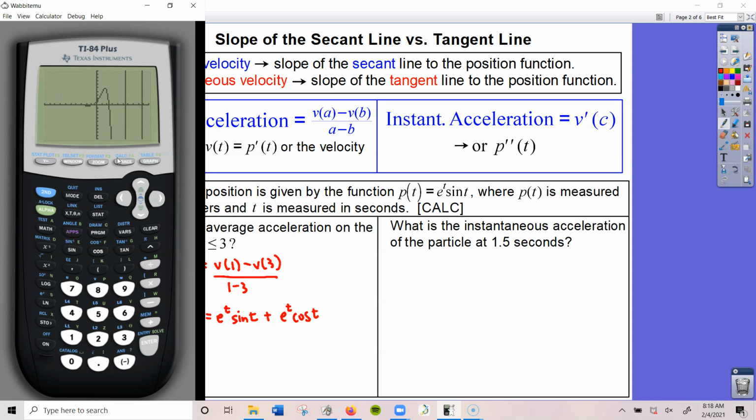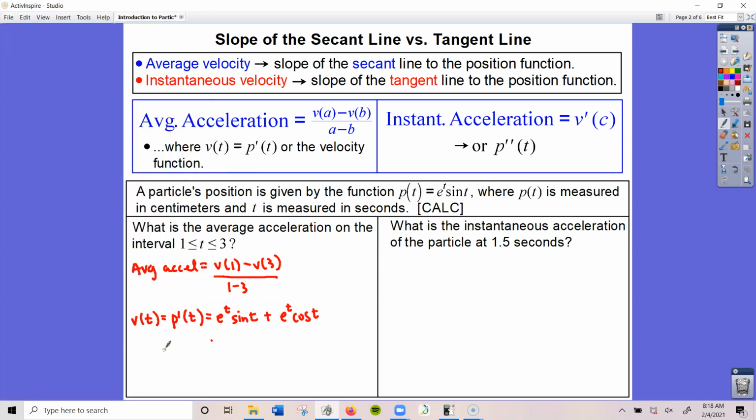Remember that this is now my velocity function, so I need to find v of 1. So we go to second calc, value for 1, and we get 3.756. So let's write this out.